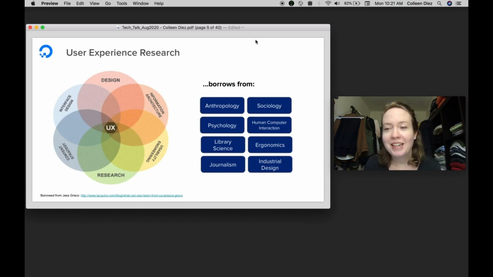Before I dive into the research related stuff, I think it helps to get a sense of where user experience research sits in the larger scheme of things.